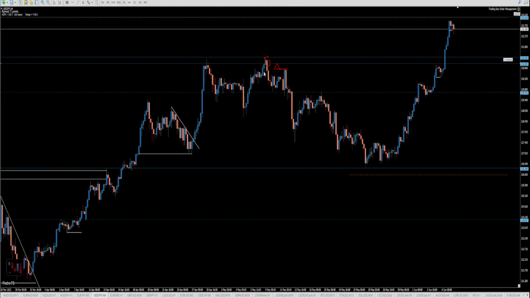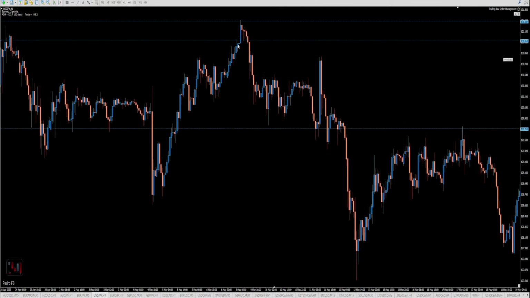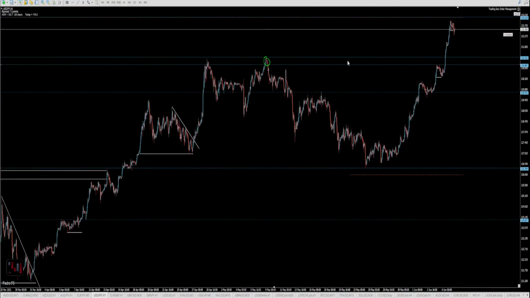To be more precise, somewhere in here. So this one was left fresh behind until it was reacted to now in here.